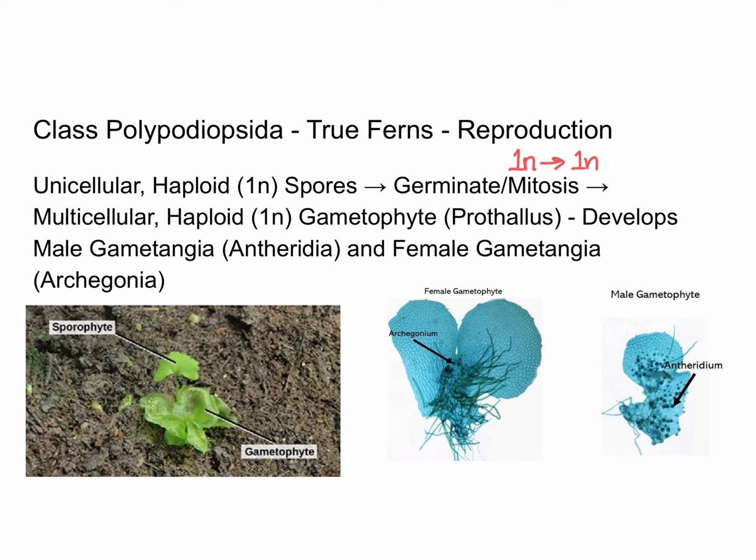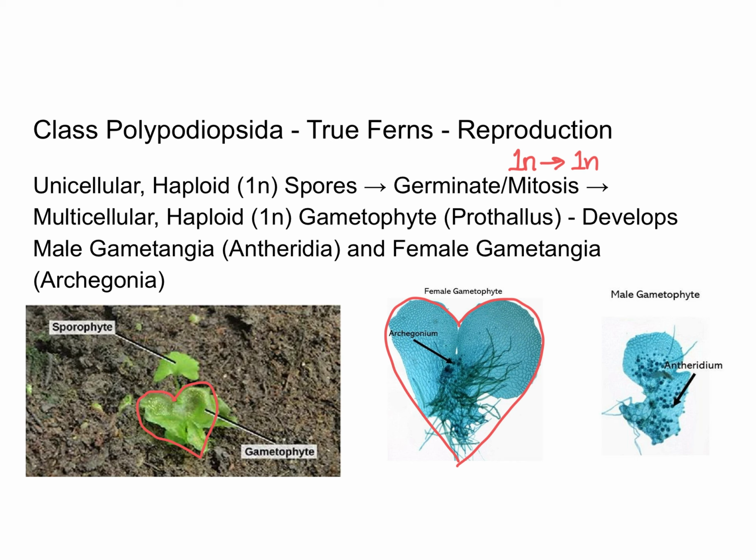So during germination and mitosis, a multicellular haploid gametophyte develops, and this is known as a prothallus. And the prothallus has this kind of heart shape to it. You can see it here in this picture. It's a little bit harder to see on the male gametophyte picture though. This prothallus develops into male and female gametangia.